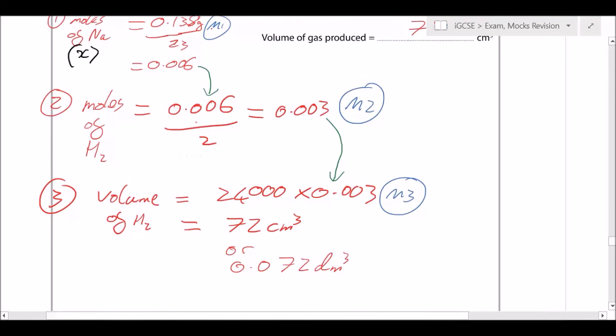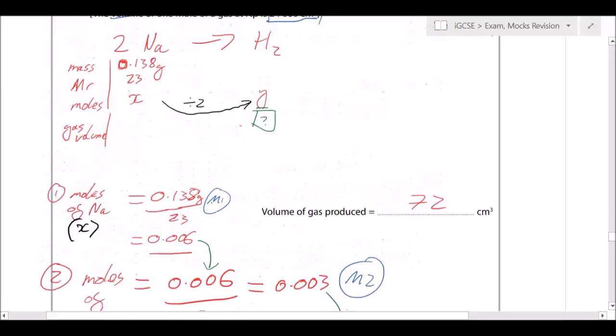So divide your answer from part 1 by 2. If you got this wrong, by the way, you should get an error carried forward mark as long as you've divided whatever you got for step 1 by 2. Anyway, if you got it right, it should be 0.003.